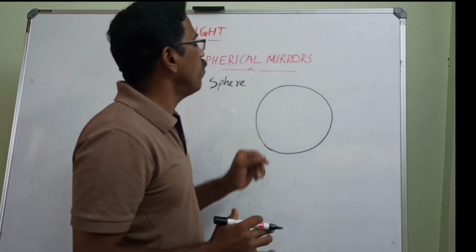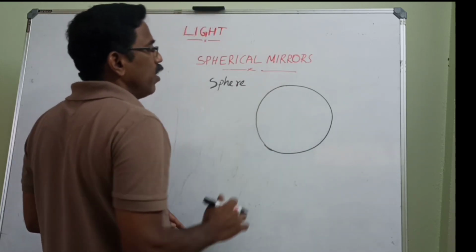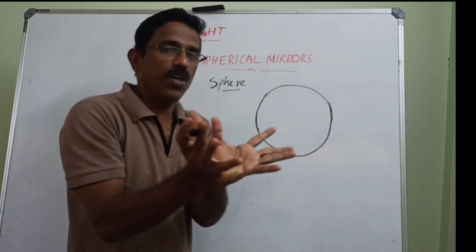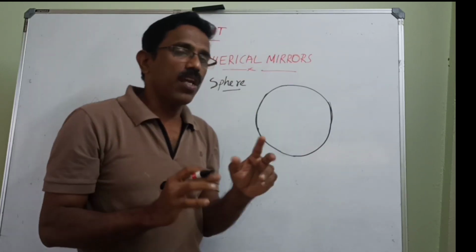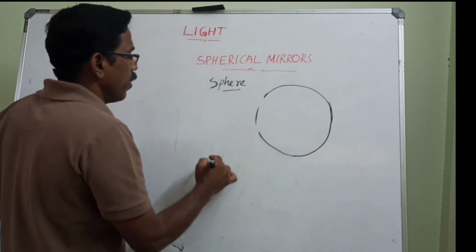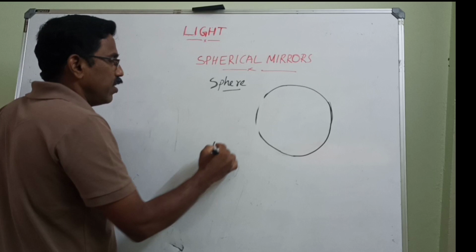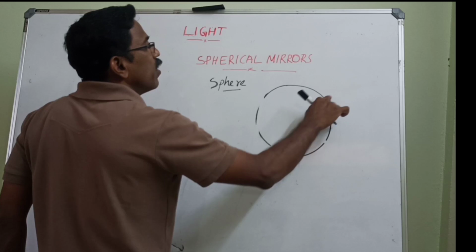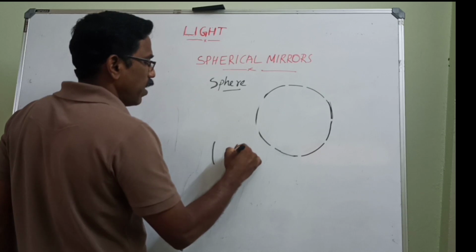These spherical mirrors are part of a big sphere. If you cut this sphere and take a piece from it, you will get a mirror. If you break the sphere into smaller ones, you will get many pieces of spherical mirrors.